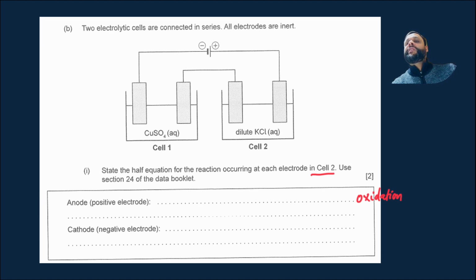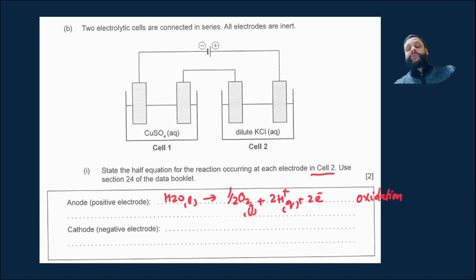Because the value for water is plus 1.23, and for the chlorine half cell is plus 1.36. So water will get oxidized, and we can write down H2O liquid gives half O2 gas, plus 2H+ aqueous, plus 2e-.